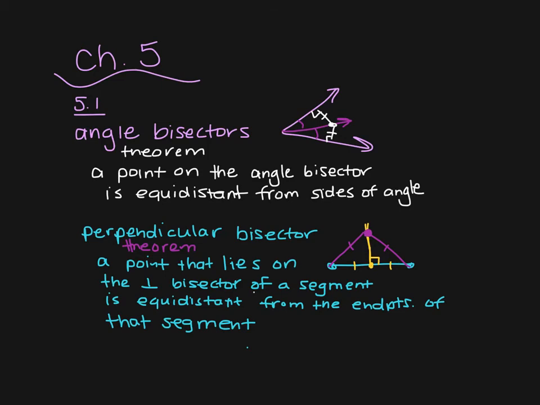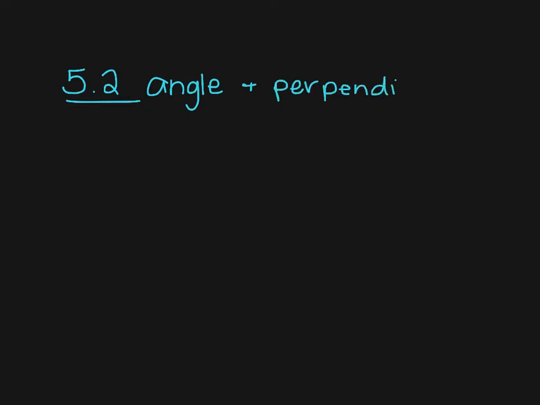And then 5.2 is where we then put those same two segments, angle bisectors and perpendicular bisectors, in a triangle.